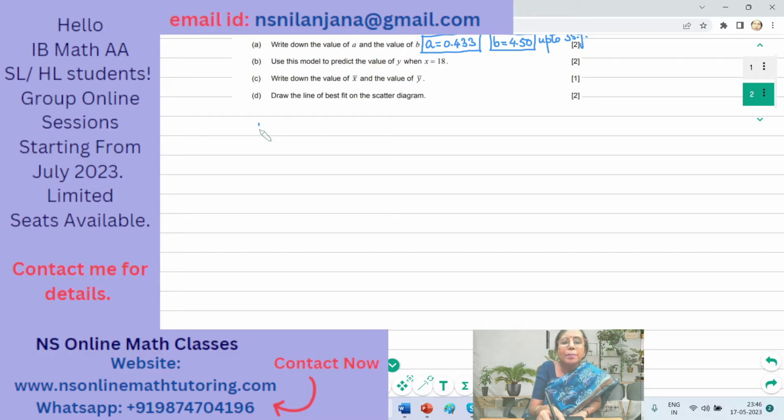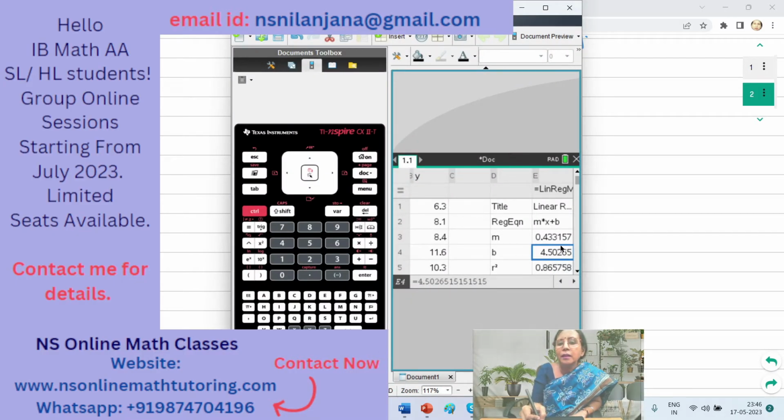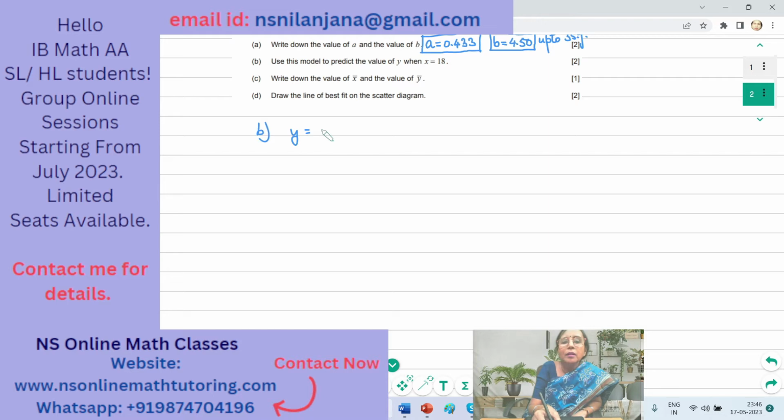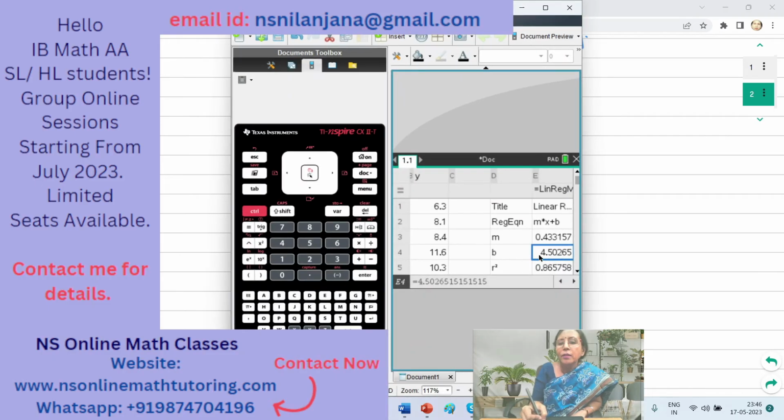So for part B, y should be equal to, you may take 0.433, but I'd like to take some more digits, so 0.433157. It is not ending over here, because if I click on this you see it is continuing.